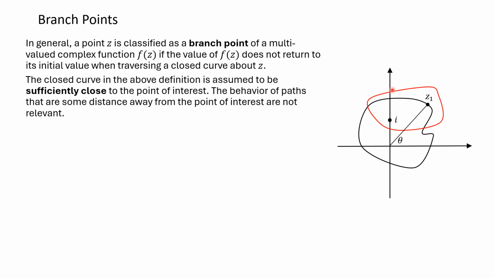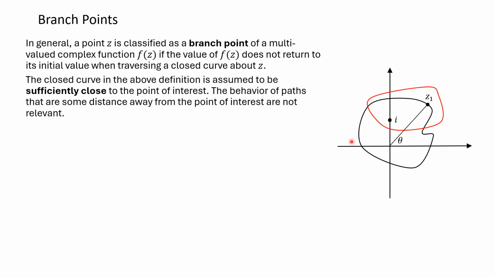In fact, it gets a little bit bigger, goes back to the initial value, then it grows a little bit, and then it's back to the initial angle again. So the log would be the same. It doesn't change. And since we have one counterexample for our function log z in this case, we say that the point i is not a branch point.